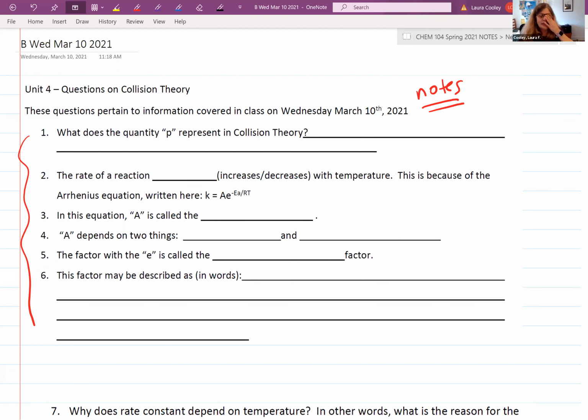I love it too. It's really one of my favorite things, especially the whole fraction of molecules with the appropriate energy. That's really very interesting stuff. Thanks. I'll put that Zoom recording up as soon as I can. I have to get the one up for lab yesterday too, and the notes. I'll do it.